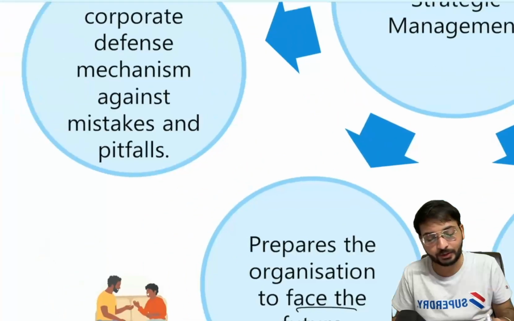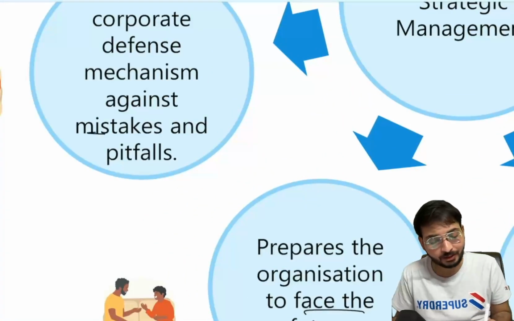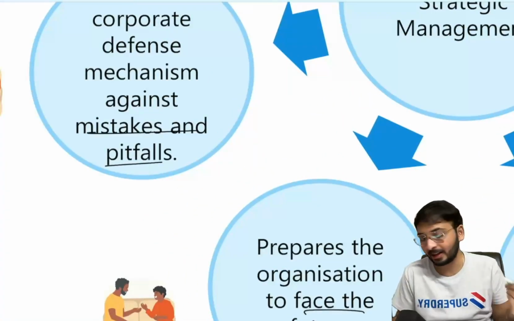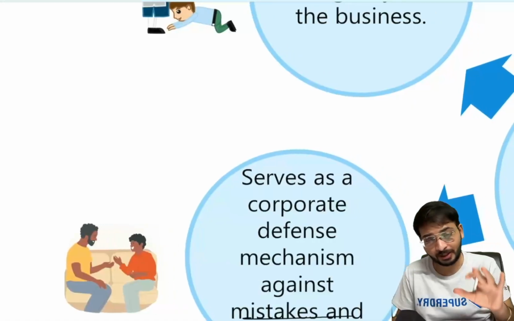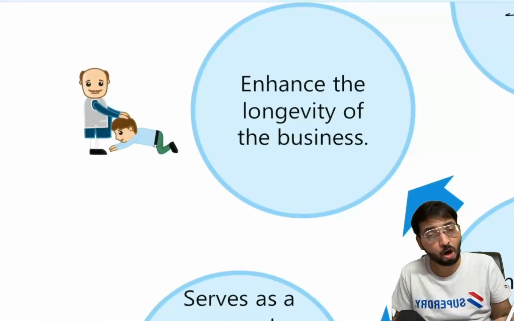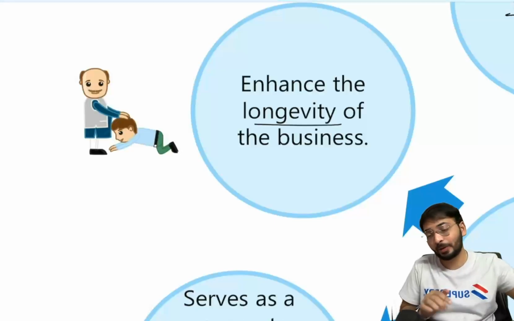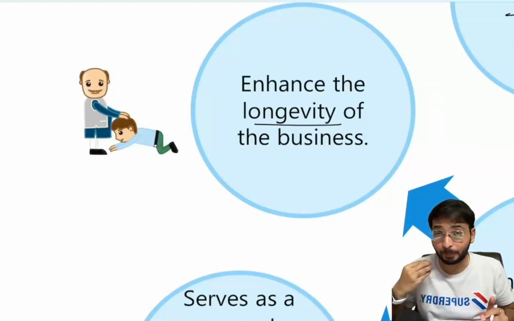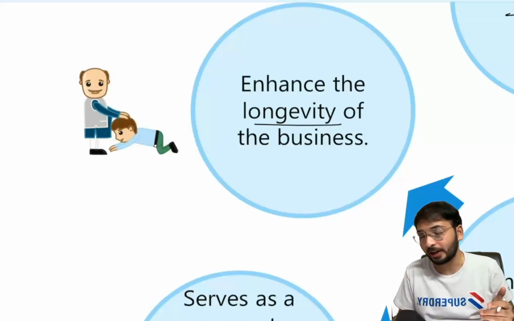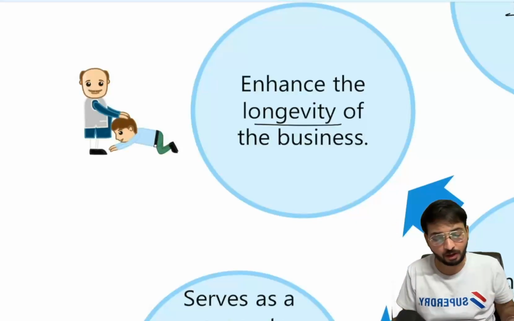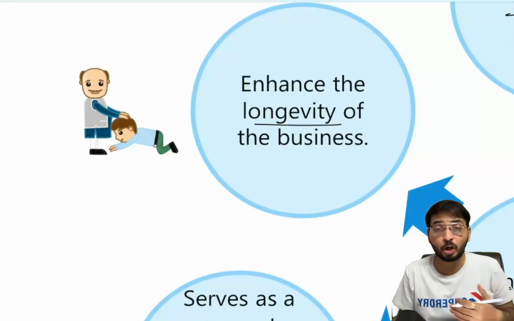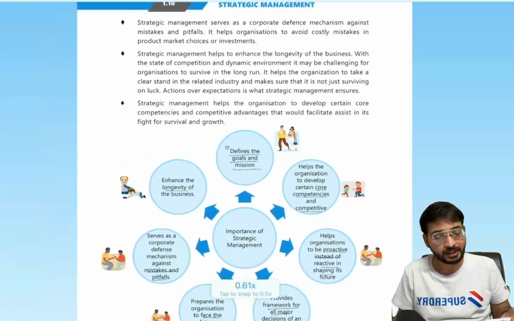The next advantage is SM helps in saving against mistakes and pitfalls. The last one is the blessing, right? That is called the longevity of the business. Longevity means the business will go on for a longer range. Example, going concern in auditing, where you assume that the business will continue for a longer term. So, to enhance the longevity of the business.